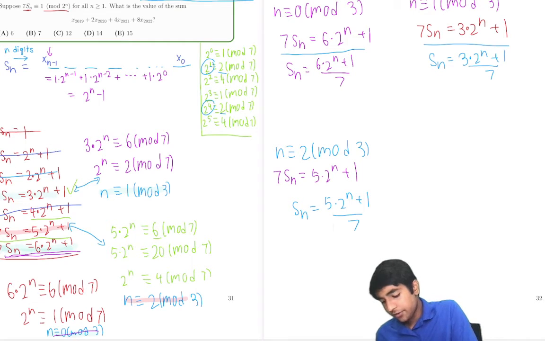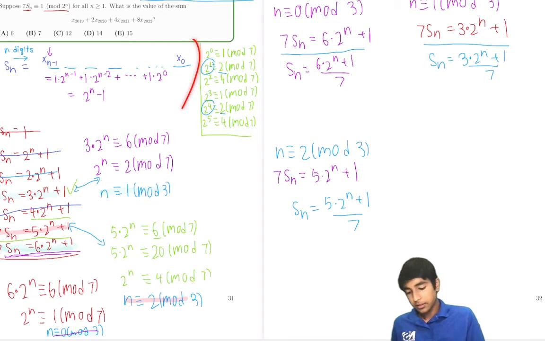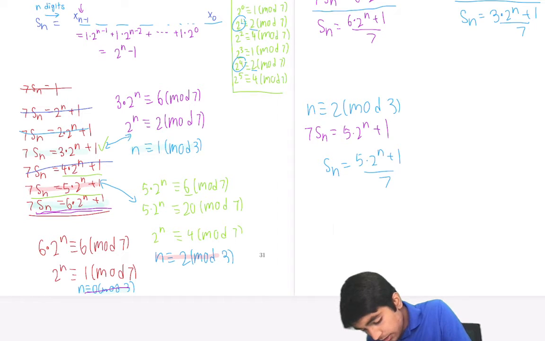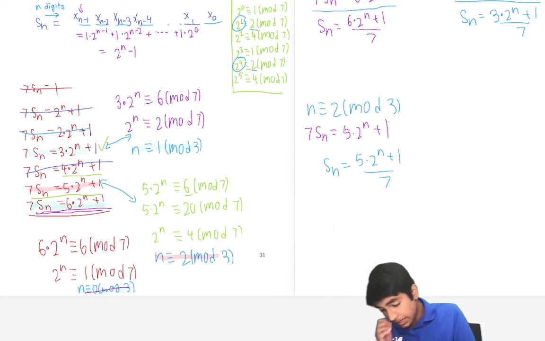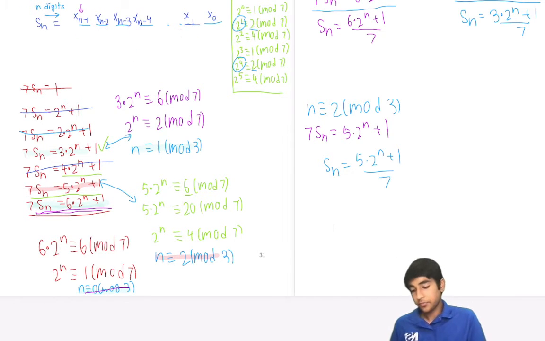Okay, notice how I wrote those digits over here. Let's just continue working over here. So the key thing here is the value of S of n, this quantity right there.